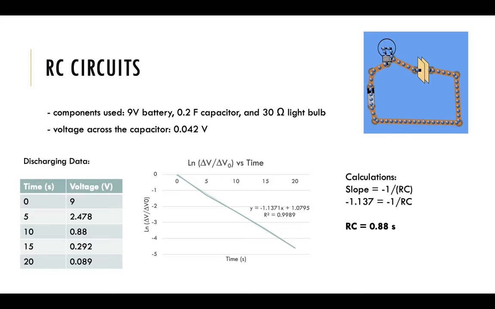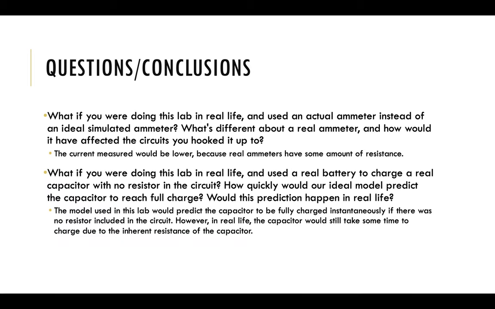The slope is equal to negative 1 divided by the RC value. From the slope of negative 1.137, I found the RC was approximately 0.88 seconds.